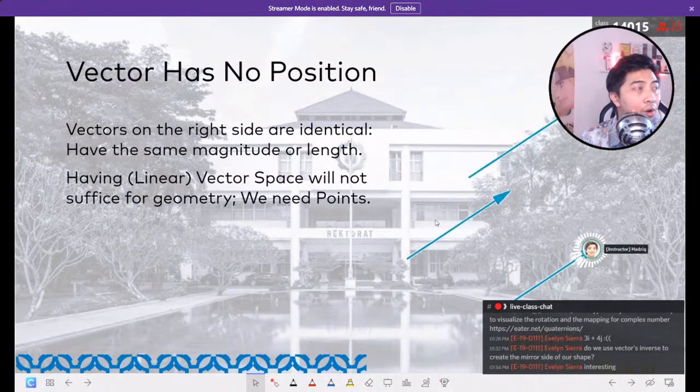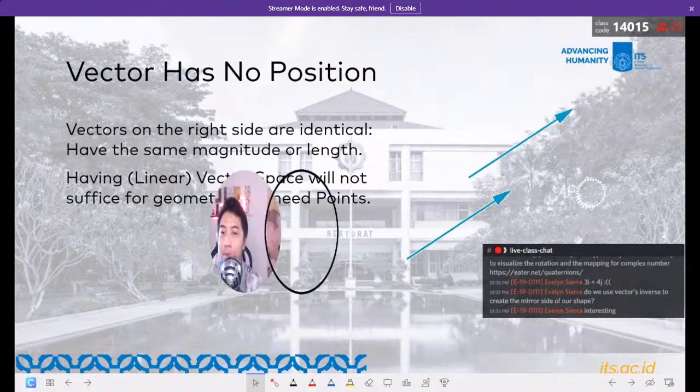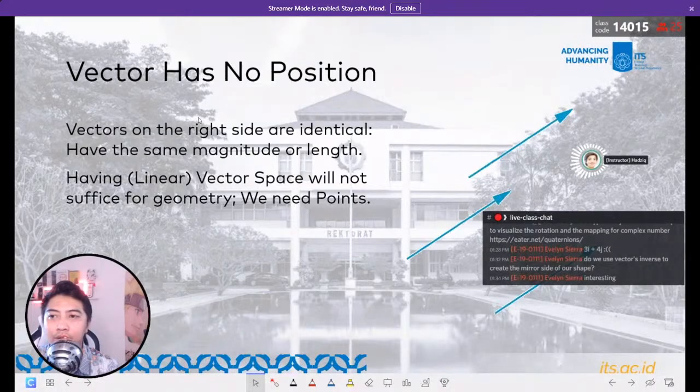Now, I need to go to the bottom left. So now, vector has no position. Very important. Vector has a direction, but has no position. On the right side, as the examples, we have three vectors.